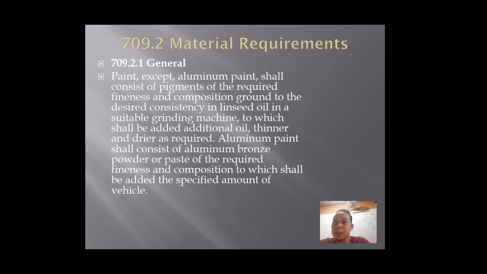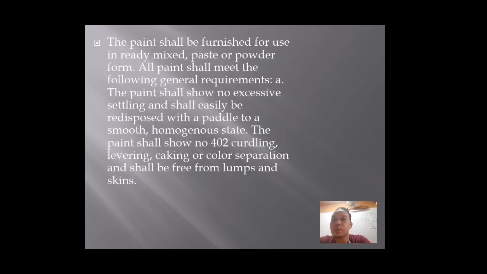Aluminum paint shall consist of aluminum bronze powder or paste of the required fineness and composition, to which shall be added the specified amount of vehicle. The paint shall be furnished for use in ready mix, paste or powder form.